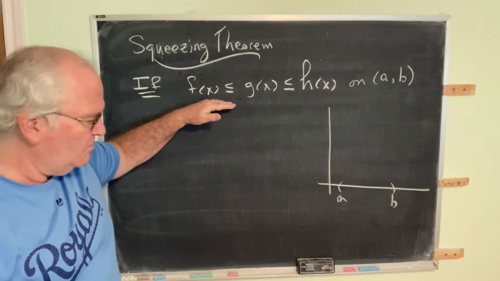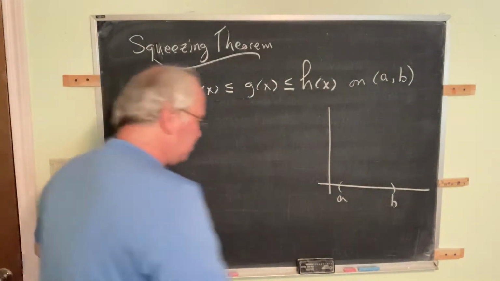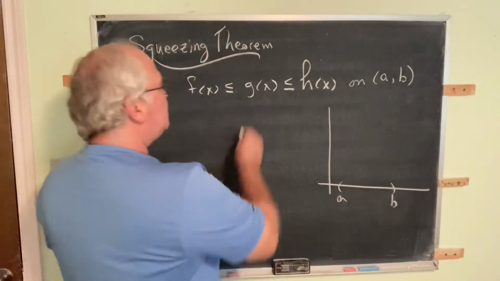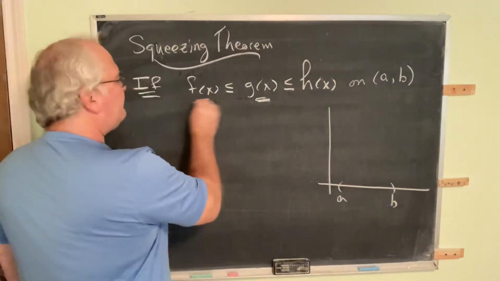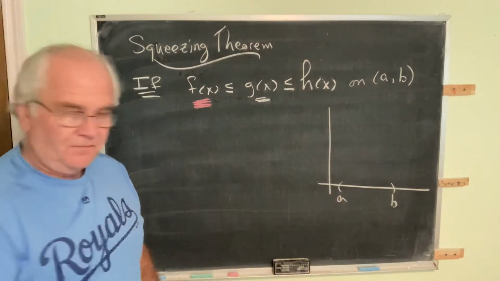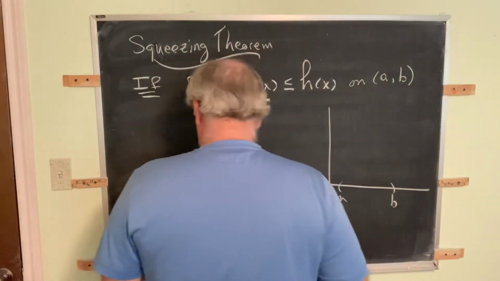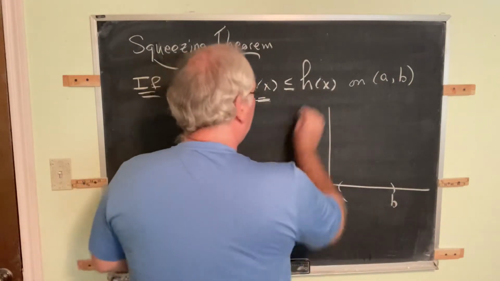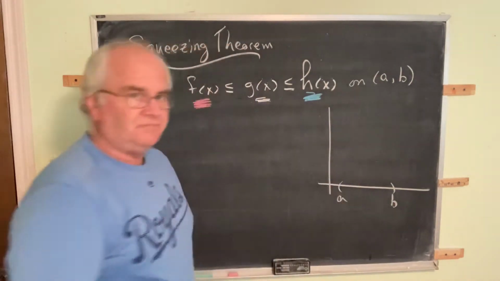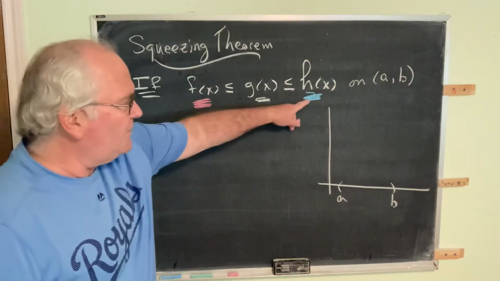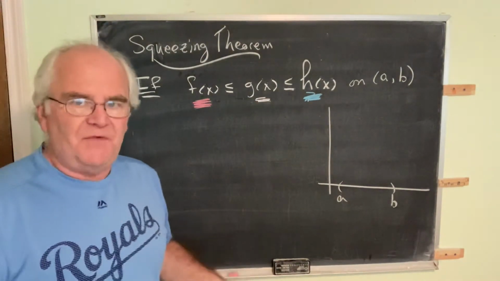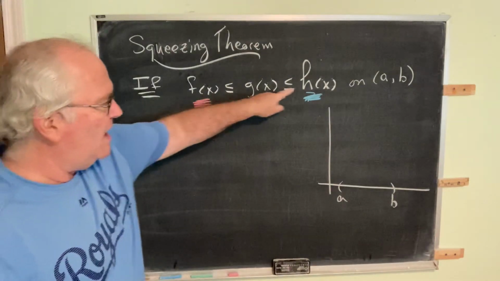All right? So see if this color shows up. Suppose g of x is the white. Suppose f of x is the red. And suppose h of x is the blue. It's goofy, but it helps you remember: baby bear, mama bear, papa bear.